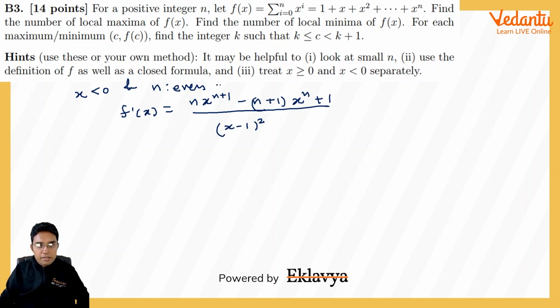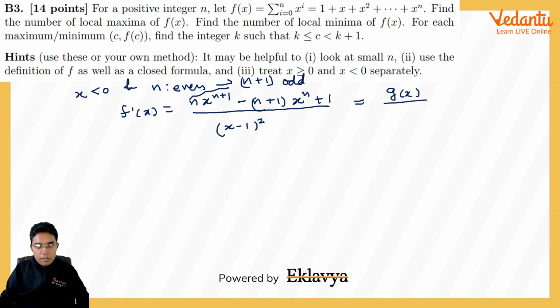Now if n is even, n plus 1 will be odd. So this term here would be negative and this will be positive, but with minus sign this will also be negative. So it looks like f dash x is going to be negative this time, at least for 1 point, and let us see whether it will be 1 point or some more points.